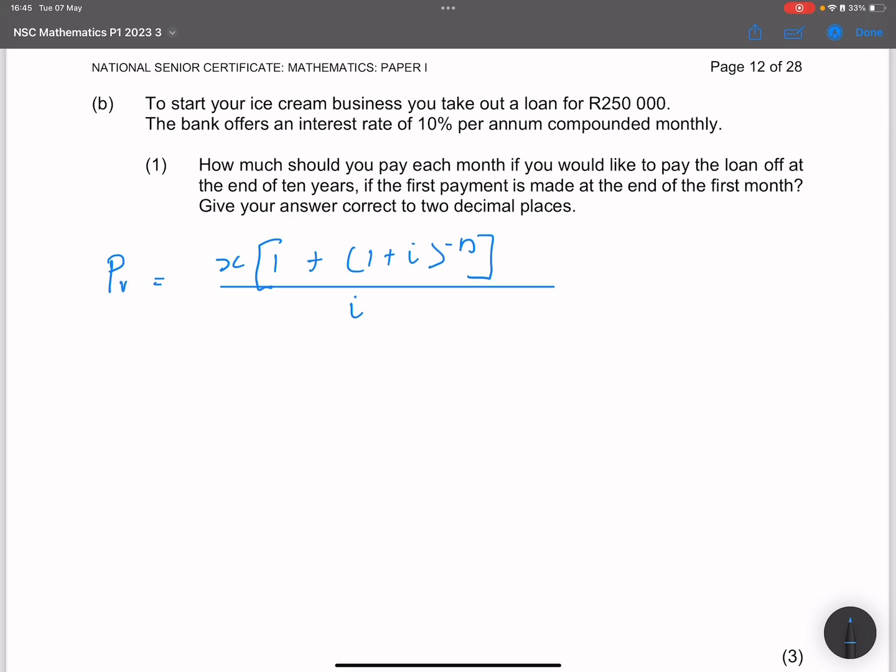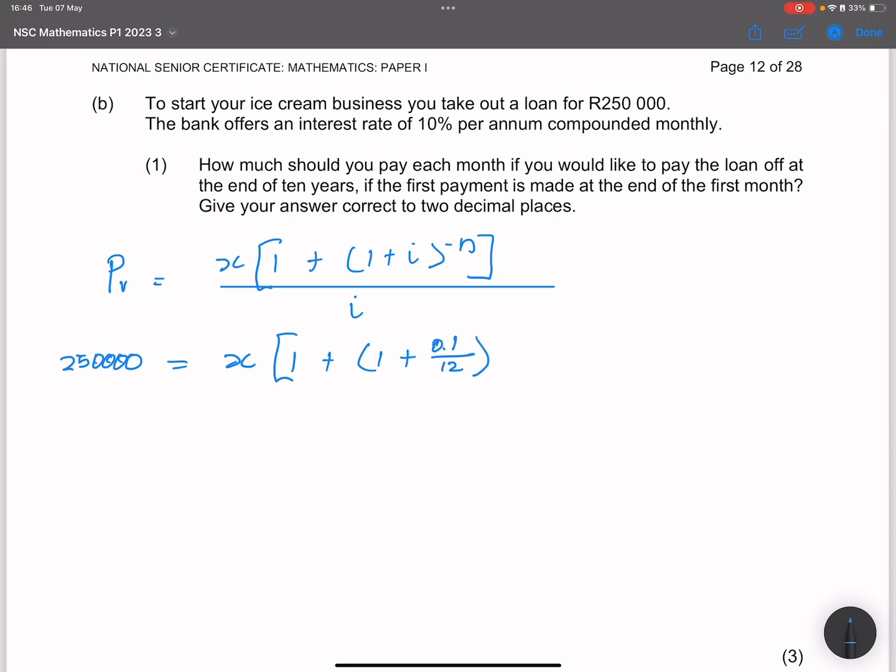i. So in our present value formula, we are trying to pay off 250,000. That's our present value. And we want to know how much we want to pay, so that's our annuity. That's 1 plus i. Our interest is 0.1, that's 10%, compounded monthly, so that's over 12.